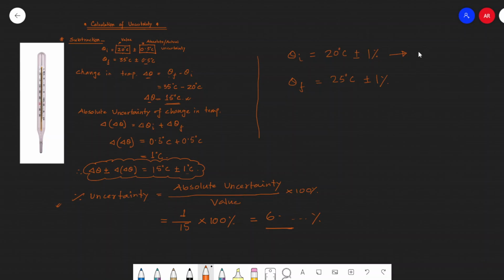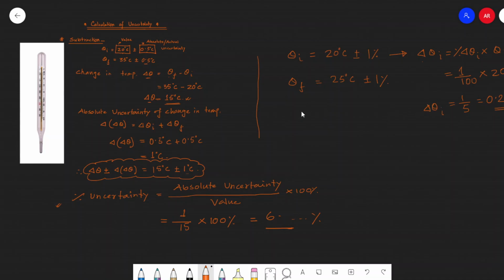So here absolute uncertainty, that is del theta I, is percentage uncertainty of theta I multiplied with the value of theta I. So percentage uncertainty of theta I is 1%, which is 1 over 100 multiplied with theta I value, which is 20. So this is 1 over 5, which means 0.2 degrees Celsius. This is the absolute uncertainty of theta I.